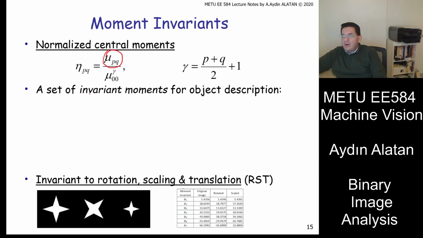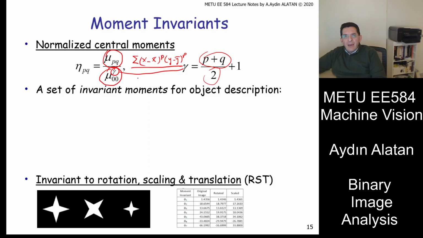There is a concept of normalized central moments, the pq central moment, where you just divide by mu 0 0 to the power gamma, which is equal to (p plus q) over 2, plus 1. This is just the summation of x minus x bar to the p, y minus y bar to the q.